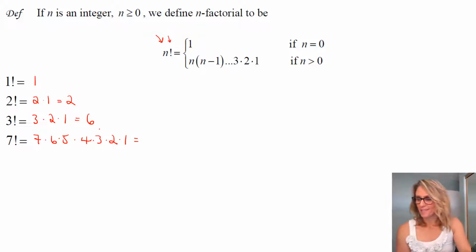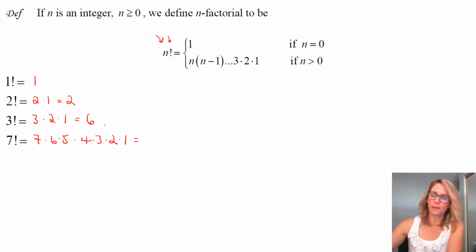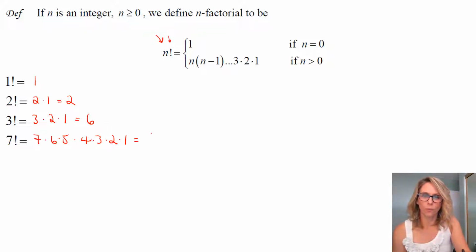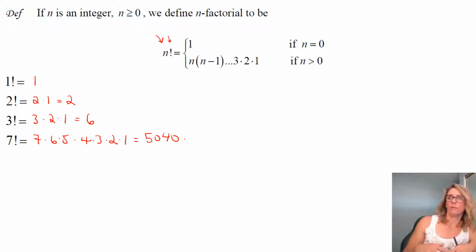As you can see, these numbers actually get really big really fast. So 7 factorial is actually 5,040. And the idea of factorials is used in a different version of the binomial theorem.